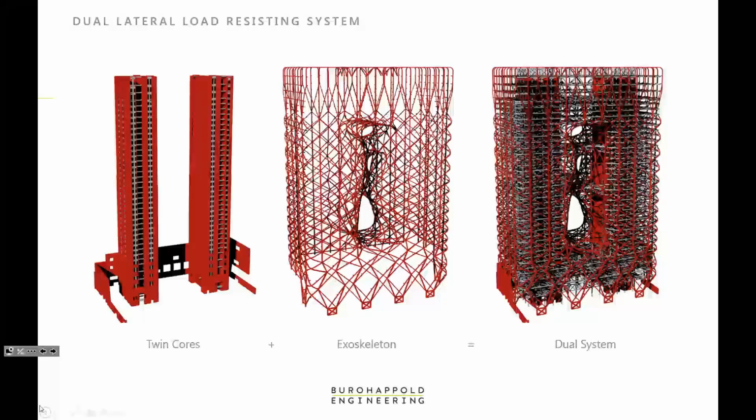But they work together to share lateral loads, and Macau, whilst it's not particularly seismic, has a requirement to design for earthquakes. They also have typhoons there, so a combination of earthquakes and typhoons led us to the evolution of this dual system.